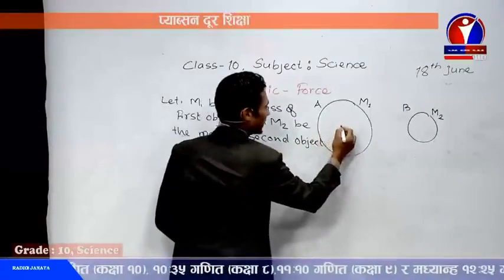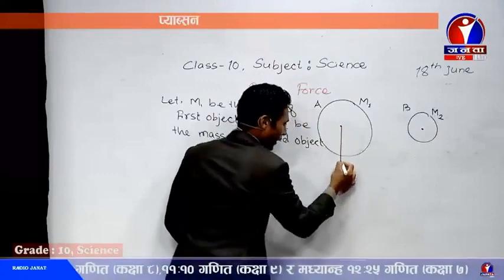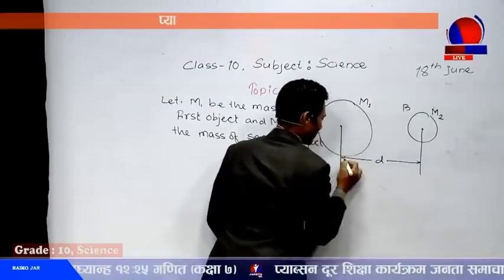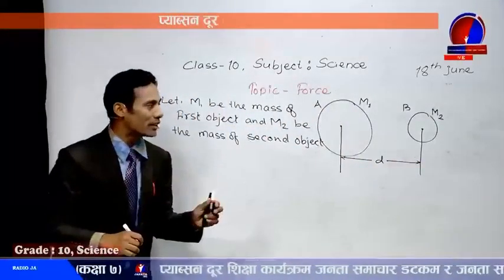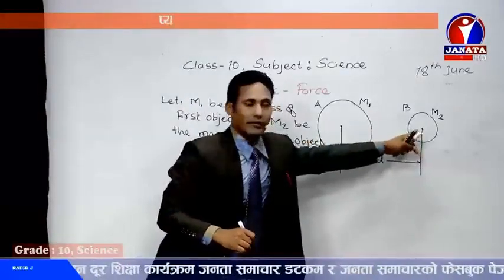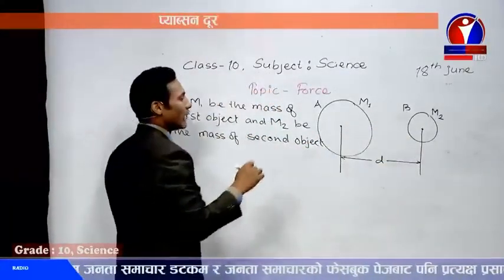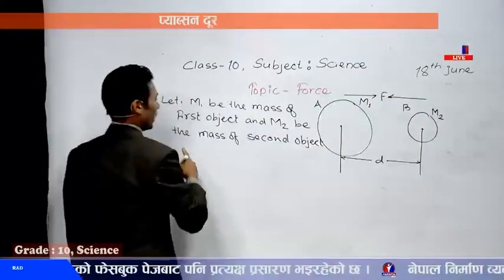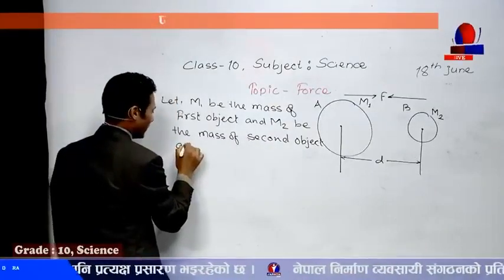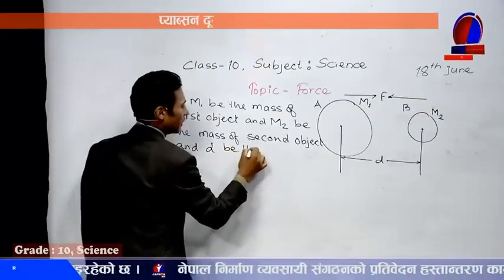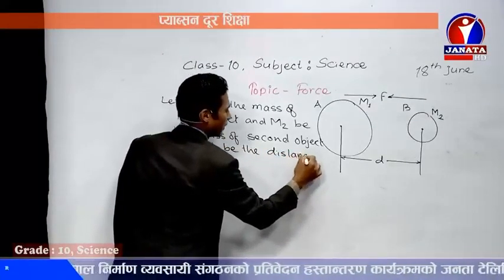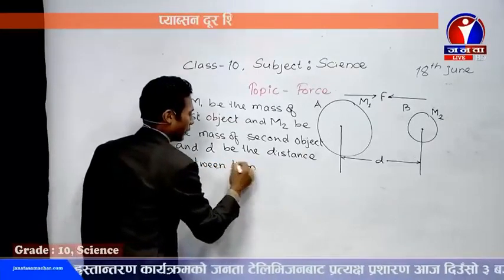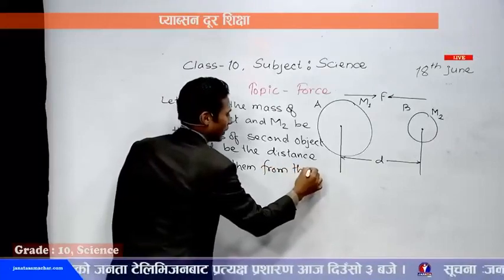That means if this is the center, then from here to here the distance is d. So remember that we always have to measure the distance from the center. Now if F is the force of attraction between these two objects, m2 is the mass of the second object, and d is the distance between them from their centers.